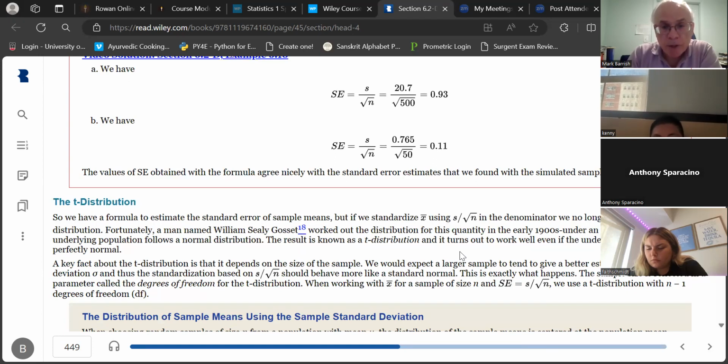In this case, because we're using the standard error as S divided by the square root of N, the distribution we're going to use is called the T distribution. You're being introduced to it today. It looks pretty much like a standard normal, but it does change shape as the sample size gets bigger. Once the sample size gets over 200 or 300, it looks like a standard normal curve.